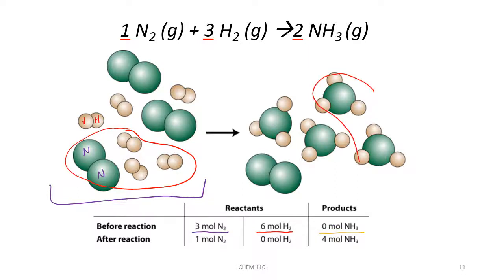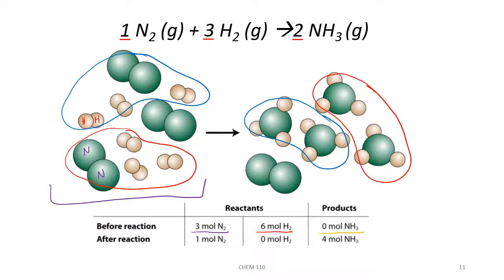So that would form 2 of our ammonia molecules on the right. And on our left-hand side, we can group together 1 more mole of nitrogen with 3 more moles of hydrogen, and that'll form 2 more moles of ammonia on the product side.